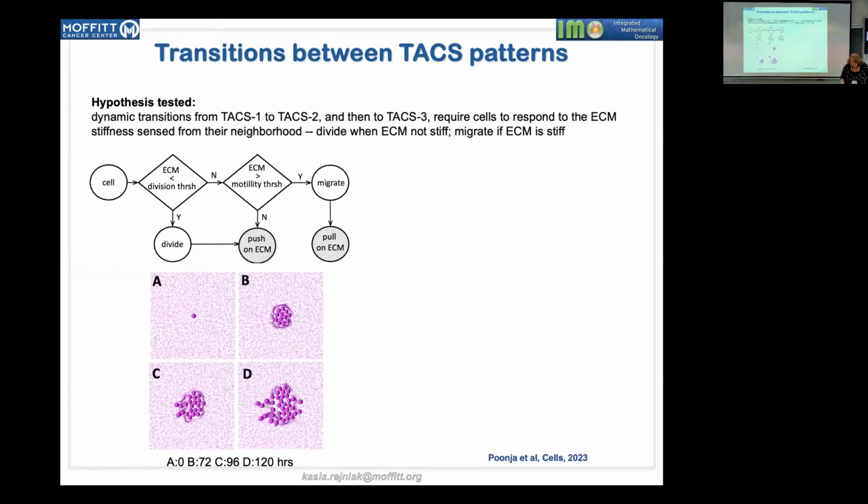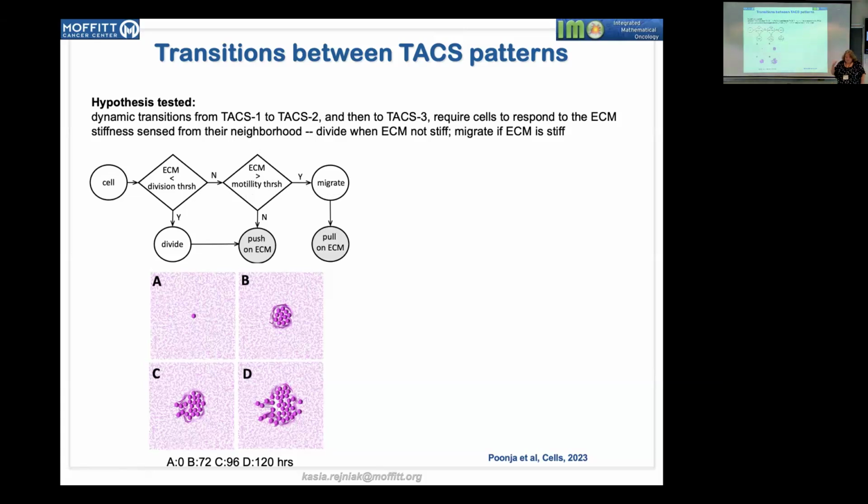Once they change the stiffness, if it is above the division threshold and above the motility threshold, the cell will migrate and start pulling on the ECM. So we hypothesize that maybe two values of the ECM stiffness regulate the cell behavior.